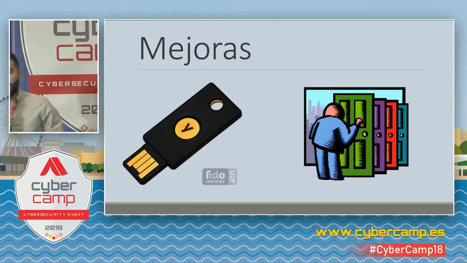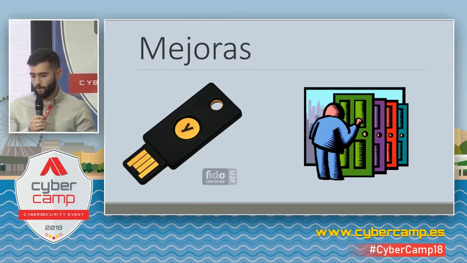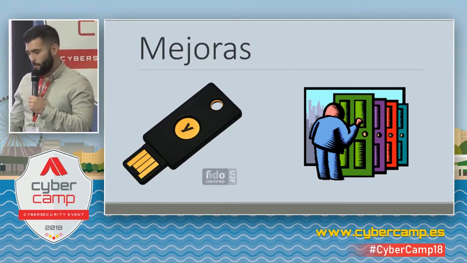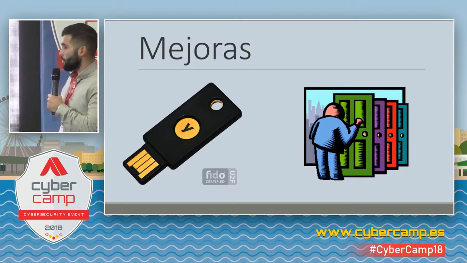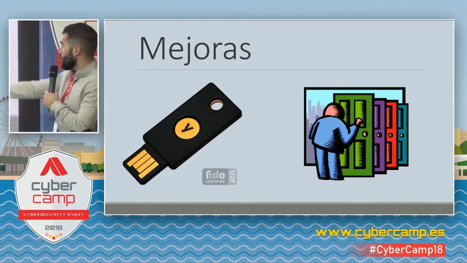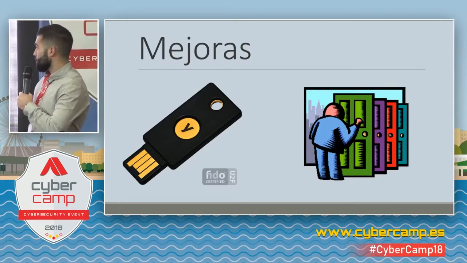So, what about possible future improvements? We would have to double-check details. And members of the jury mentioned that some details should be improved, but we would also like to have a new authentication system.